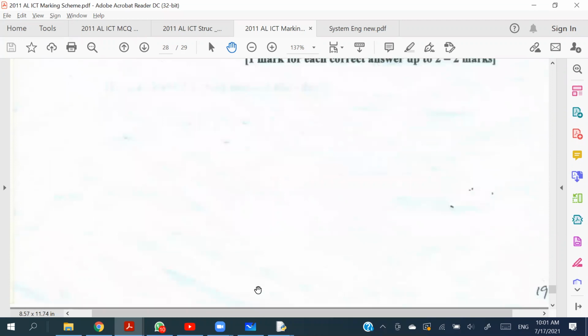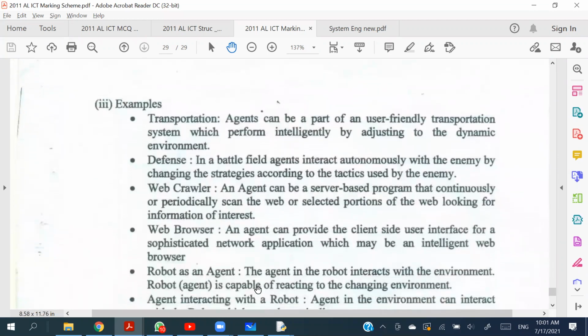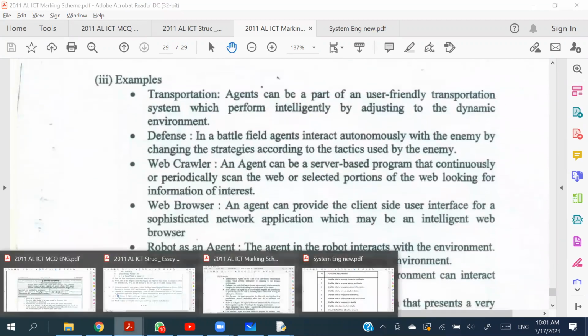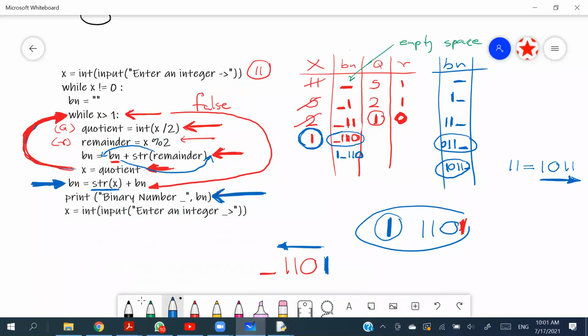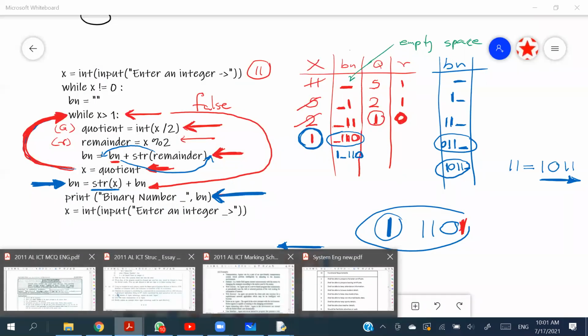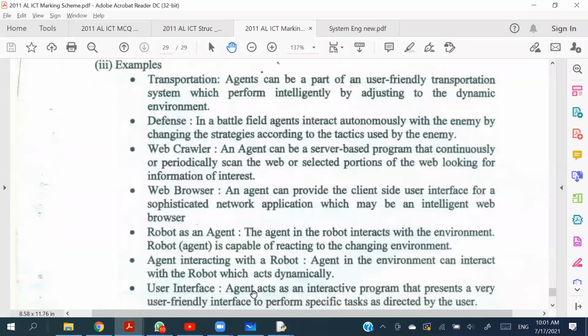And the very last question is talking about the applications, right? Briefly explain an example where agent technology could be used efficiently. So the applications, we discussed those things. Agents can be used in transportation to minimize traffic jams and to have an efficient traffic lighting and transportation system.